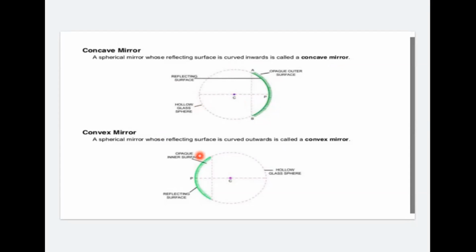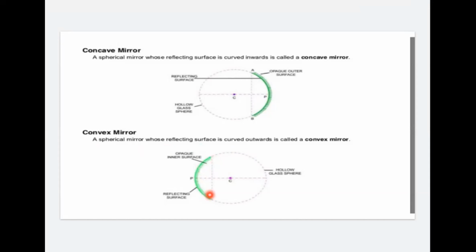On the other hand, with the help of the same glass sphere, you can make a convex mirror also. A spherical mirror whose reflecting surface is curved outward is called a convex mirror. Now, one thing that must be noted over here, you can see the dashed line here.